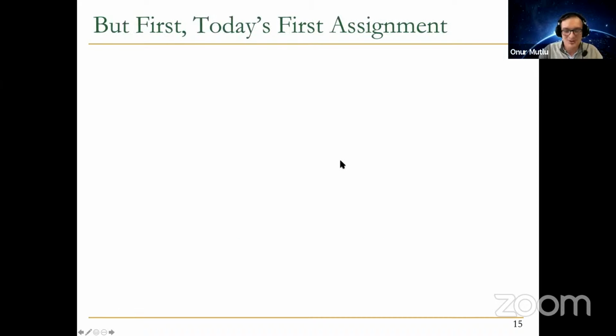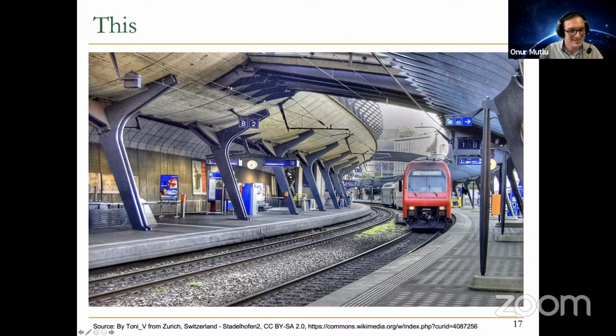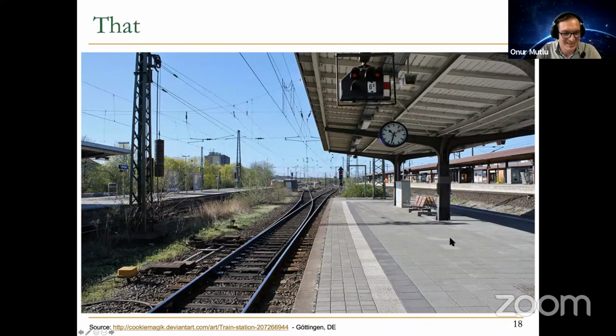Okay, but first, today's first assignment is something else, and we're going to do that together. Basically, we're going to try to find the differences between this and that, where this is the Stadelhofen station, as you can see, and that is this, essentially. This is some random train station. Somebody figured out that this is a train station in Germany.